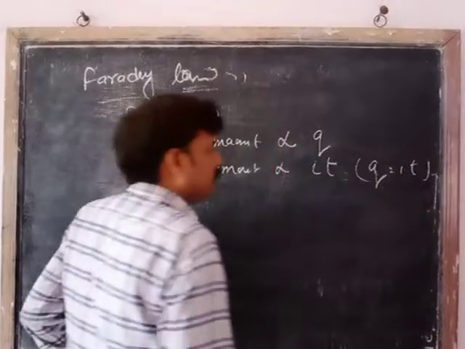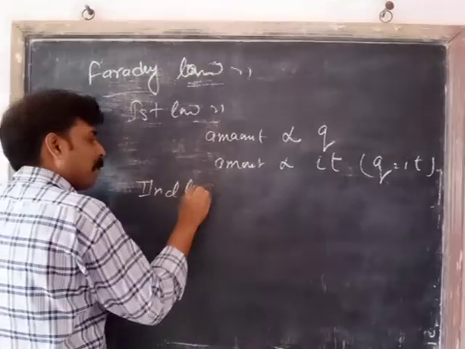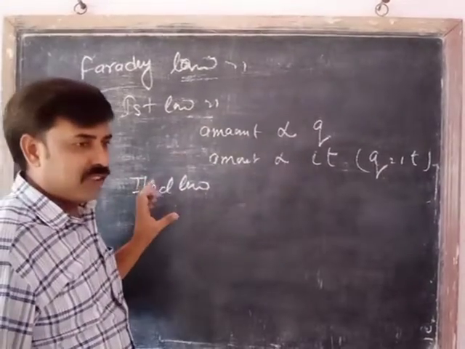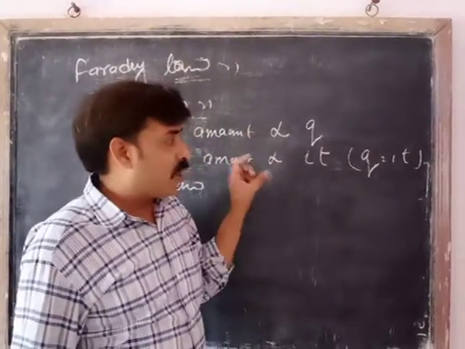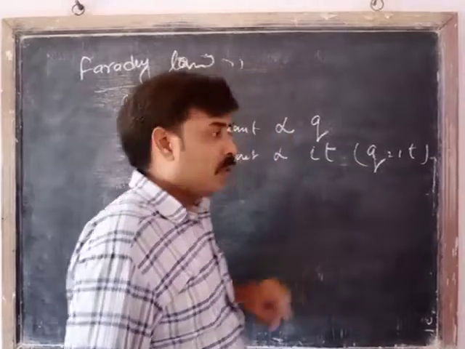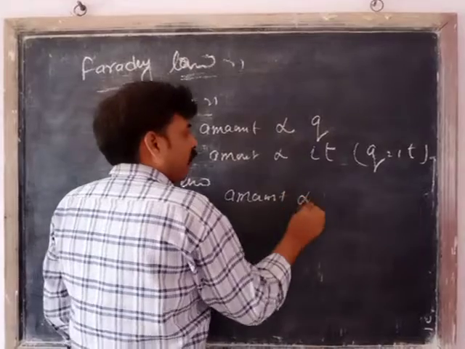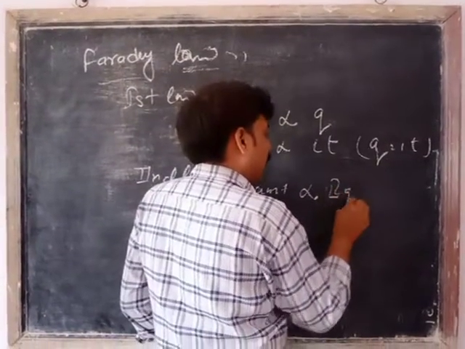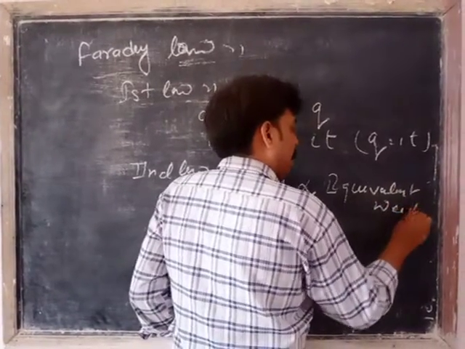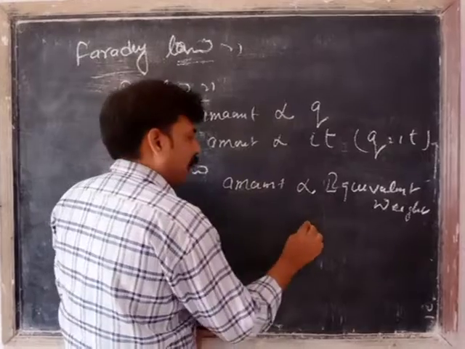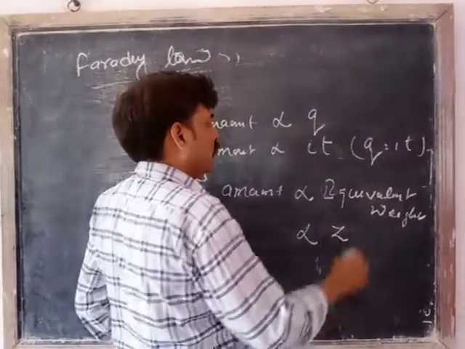But according to the second law of Faraday, for a different amount of electricity, the amount of electrolysis is directly proportional to its equivalent weight. That means the amount of electrolysis is proportional to equivalent weight, or we can say that the amount is proportional to Z, where Z is considered as the equivalent weight.